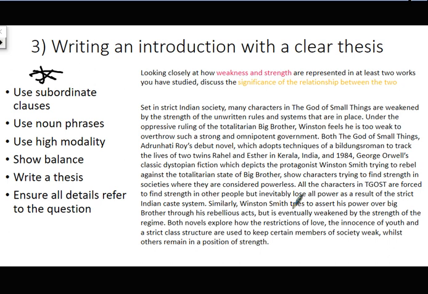So, he tries to assert his power over Big Brother through his rebellious acts, but is eventually weakened by the strength of the regime. We are saying that with high modality. We sound certain. We're not doubting our assumptions, and we're not doubting what we're trying to say. Equally, in this part, which is the main thesis, we sound certain. We know what we're talking about, and we know what we're going to say in our essay.